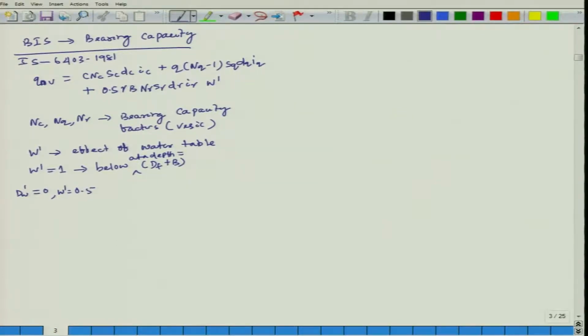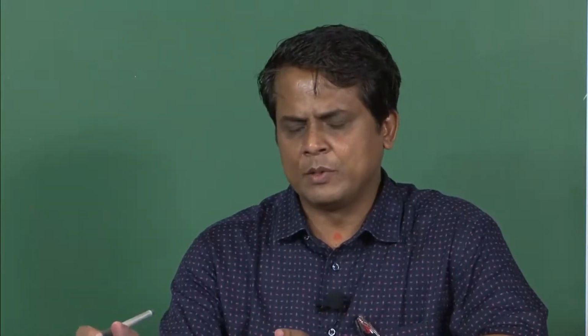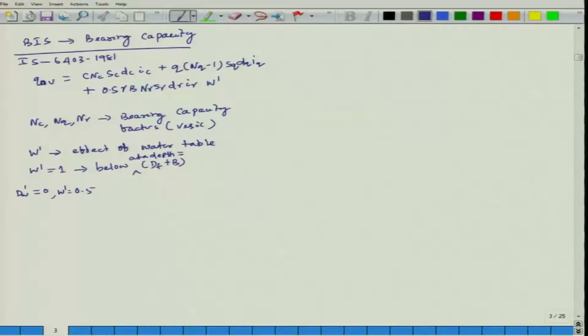Here the bulk unit weight is converted to submerged unit weight, so half of the part is reduced, and automatically the reduction factor is 0.5.